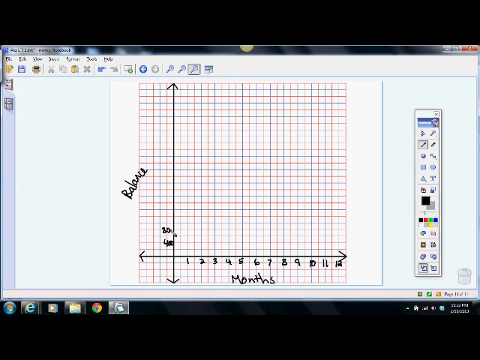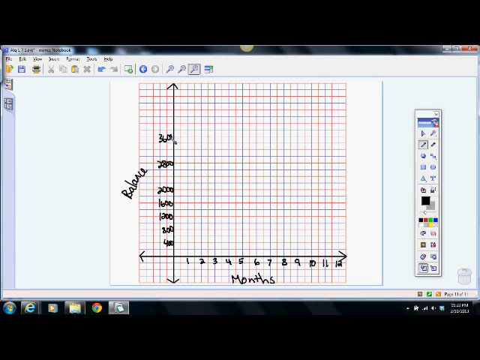I'll say this is 800, 1,200, 1,600, and this will be 2,000 here. Okay, 2,400, I'm going to start skipping some here, 2,800, 3,200, this is going to be 3,600.